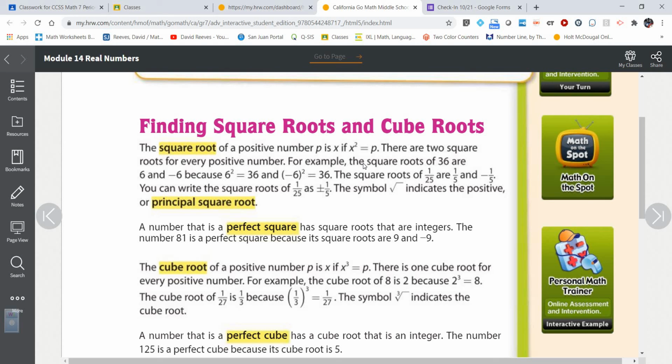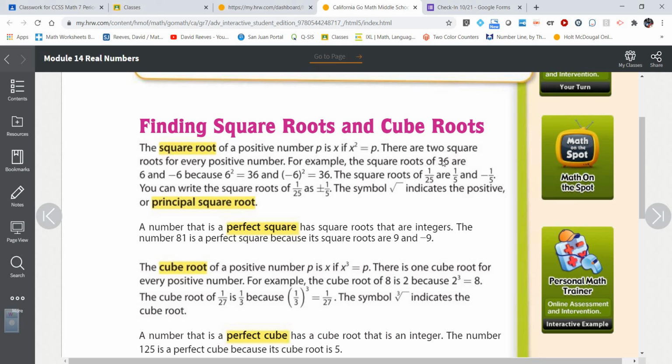So you have a principal or primary square root, which is positive, and then you also will have a negative square root. By the way, we're only going to be taking the square root of positive numbers. Under real numbers, you cannot take the square root of a negative number, but that's a discussion for another day.